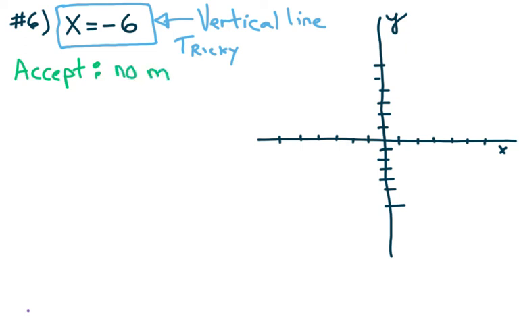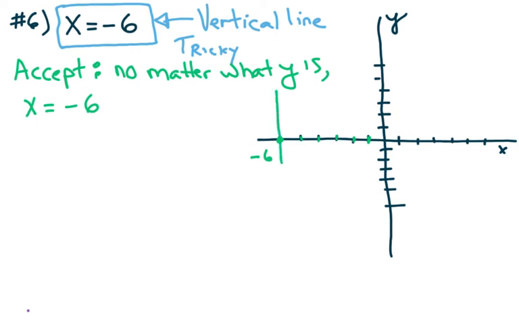No matter what y is, x equals -6. So where is -6? That's over here. 1, 2, 3, 4, 5. Here's -6. And this is the line that goes through -6 on the x-axis.